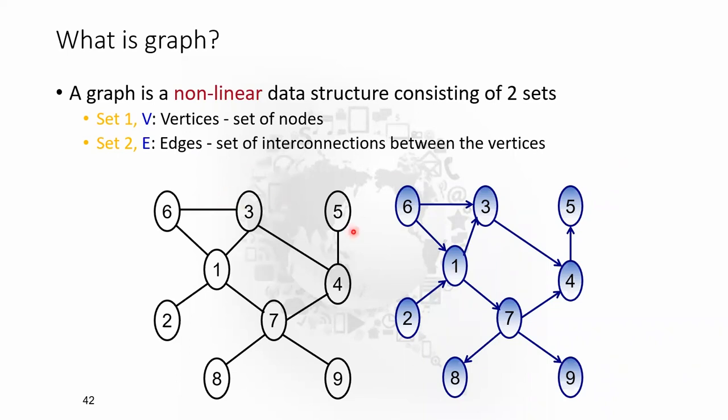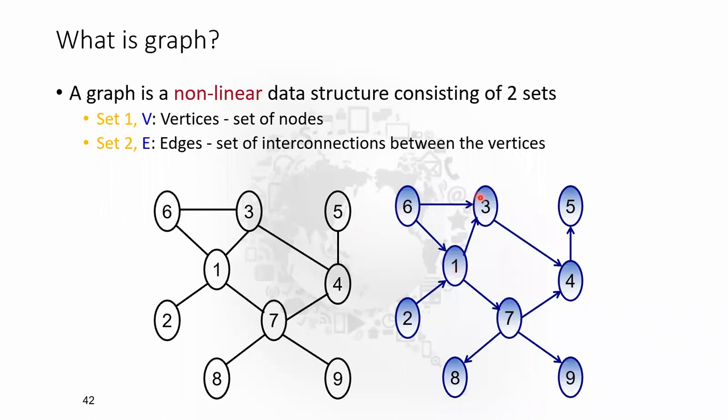We can see there are two types of graphs shown here. One is with arrows and the other is without arrows. Let's say the 6 over here: it can only go from 6 to 3, and it can also go from 6 to 1.